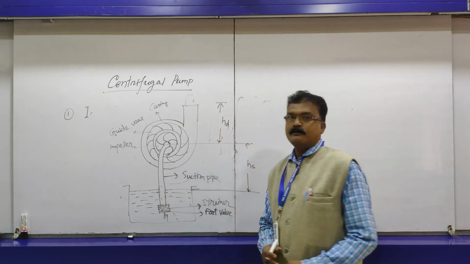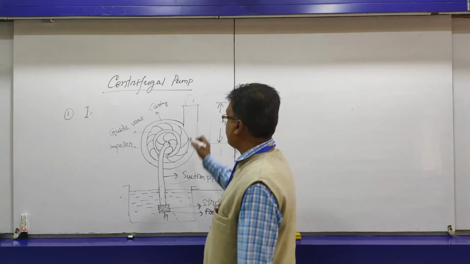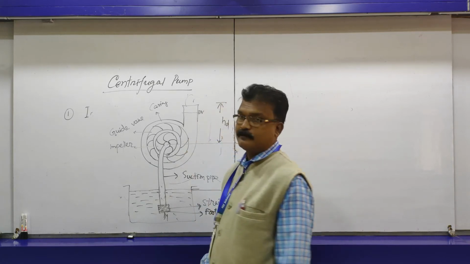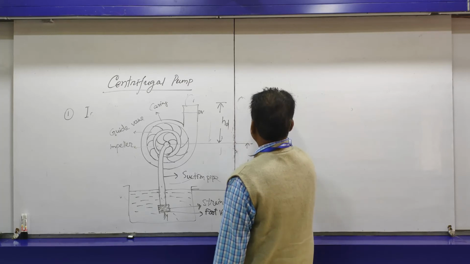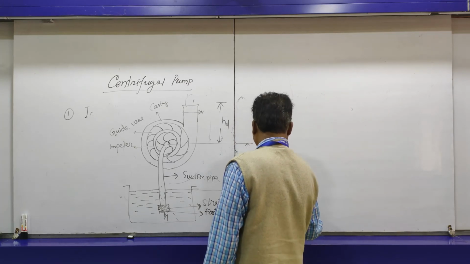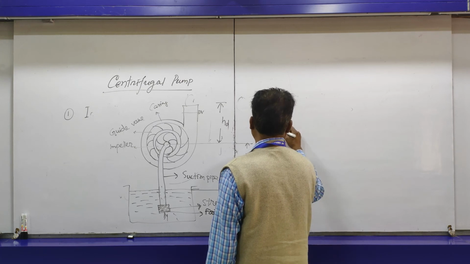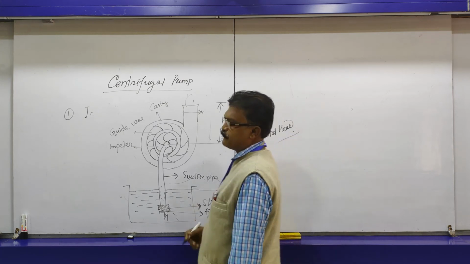In some centrifugal pumps, one delivery valve, DV, can also be connected. This is the working head, the total head. In calculations, it is very important.